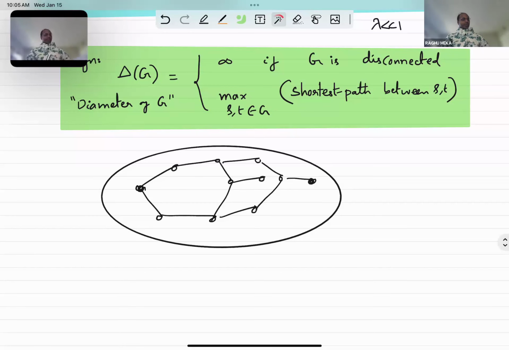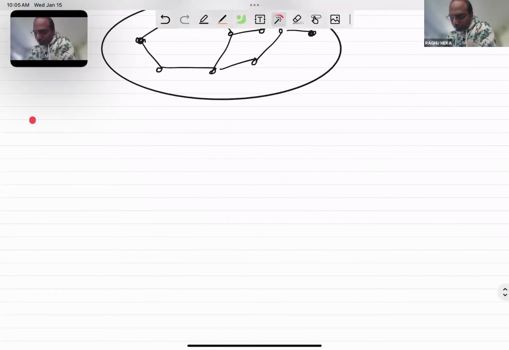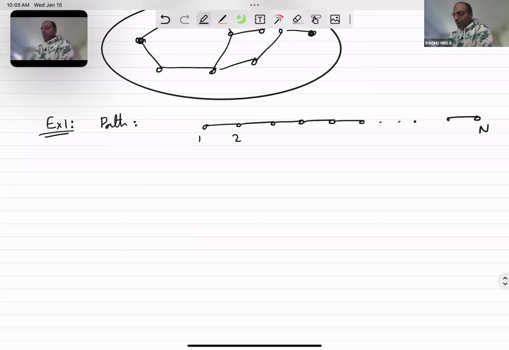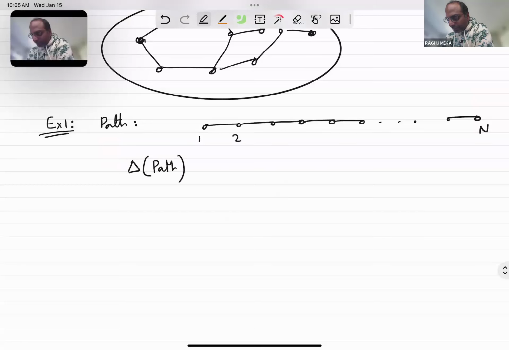Okay. So, if you do a couple of examples, let's say we take the path graph. It is 1, 2, up to n. Now, what is the delta of path graph? How far are two vertices in here? So if I take these two vertices, the distance between them is 1. If I take this and this, the distance is 2.